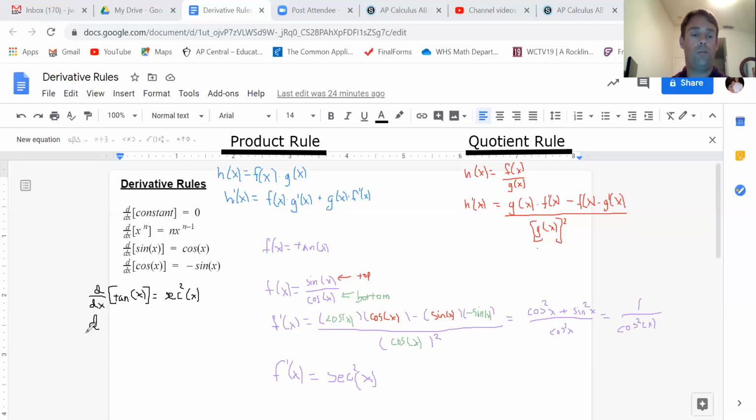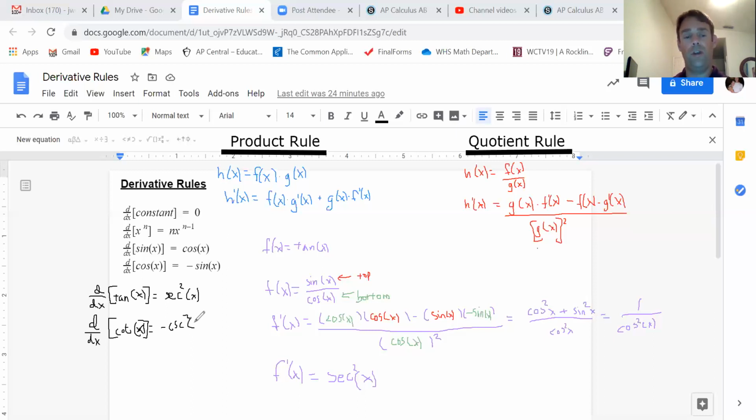And if we went through and we did cotangent, maybe, we'd find out that that is negative cosecant squared x. And again, we'd prove it the exact same way.